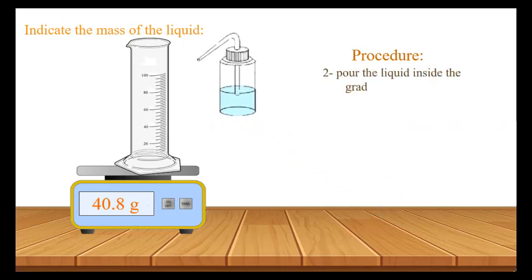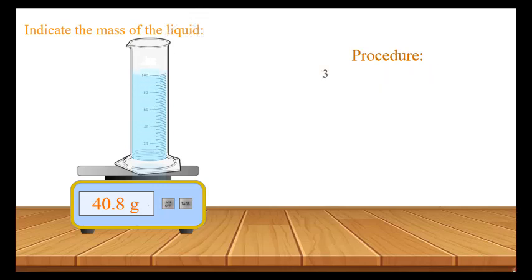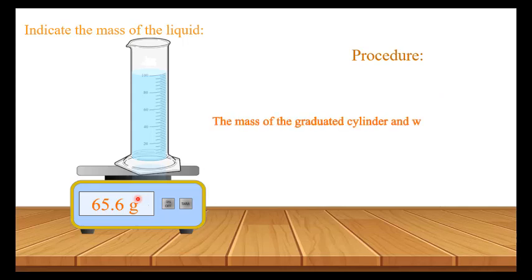Second step is to pour the liquid inside the graduated cylinder. Then measure the mass of the graduated cylinder with the liquid by using the balance. The balance gives 65.6 grams. Then the mass of the graduated cylinder with the water, that is symbolized by M2, is equal to 65.6 grams.